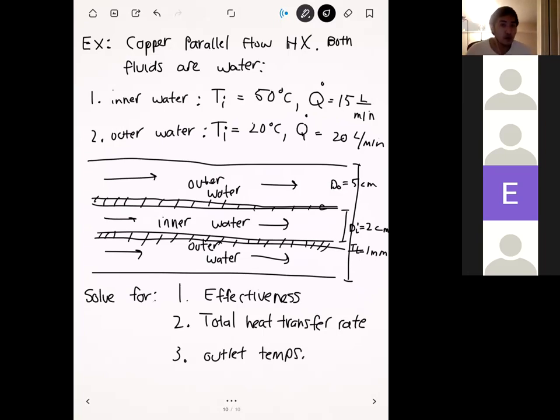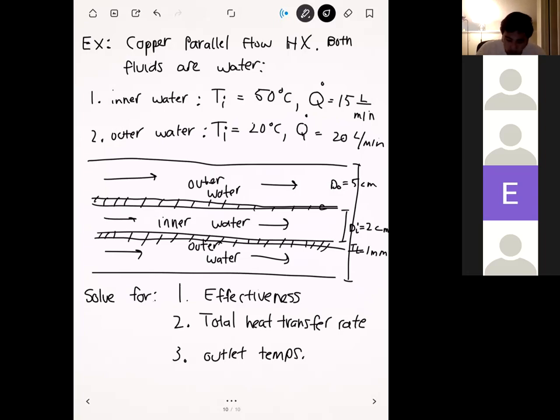Since the first thing that we need to solve for here is the effectiveness, we're going to use the formula on the previous page in order to compute that. Any questions on this? Okay.